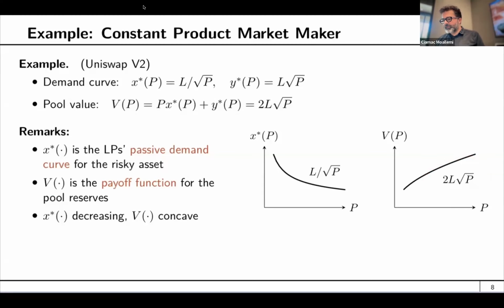So by virtue of agreeing to participate in this pool, a liquidity provider is implicitly giving us both their demand curve for the risky asset as a function of price, and also a payoff that they are committing to in terms of the value of assets in the pool.